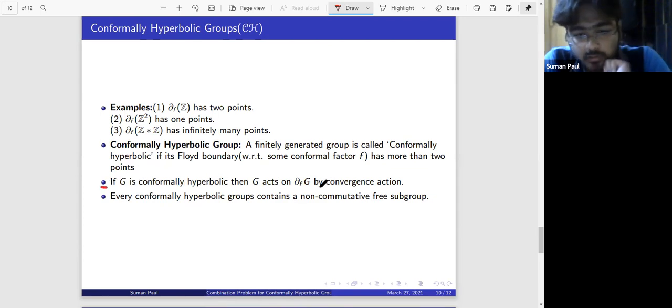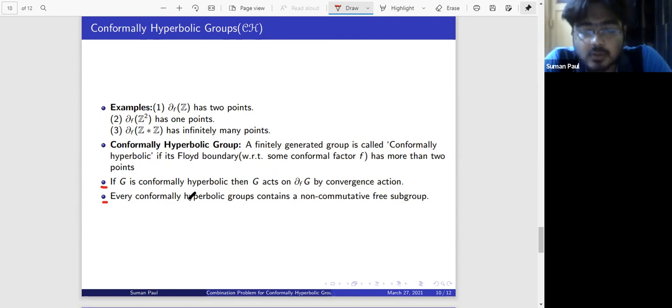I will not go into this. It basically says that if G is conformally hyperbolic, then G acts on its Floyd boundary by convergence action. So there is a notion of convergence action. And this one is very important: every conformally hyperbolic group contains a non-commutative free subgroup.